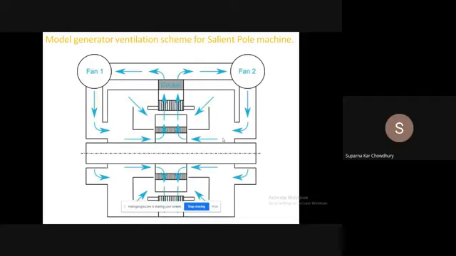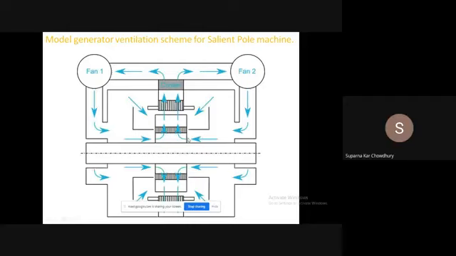For radial ventilation, air is let into the machine through the air gap between the rotor and the stator, and then it is directed through the radial ventilating ducts, circulated, and let out of the total system through some outlet.